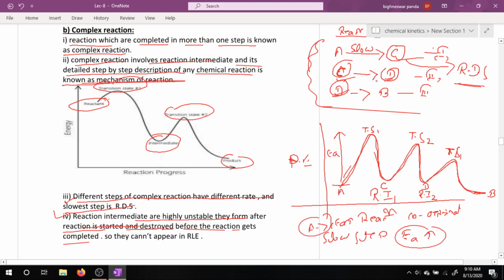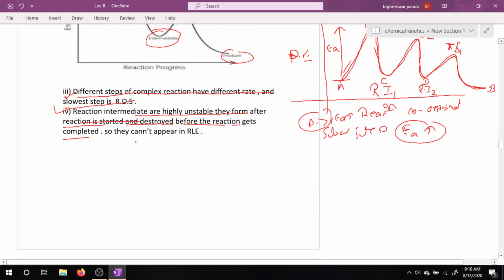They are formed after the reaction gets started, and before the reaction is completed, they get destroyed. So a reaction intermediate cannot appear in the rate law equation. This is important. So this is all about the mechanism of reactions, and the slow step is the rate determining step.